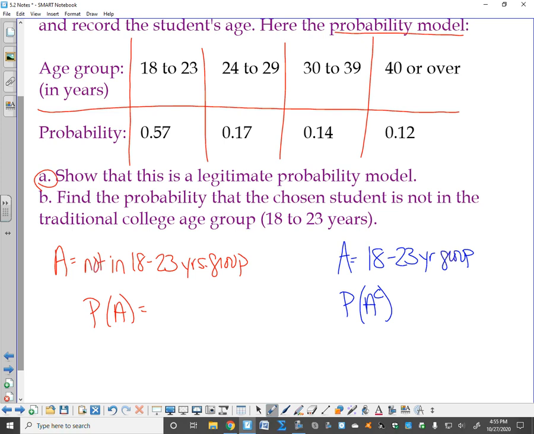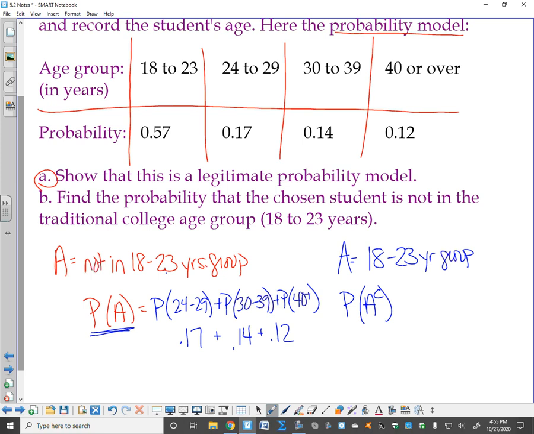So if I do this one, not in 18 to 23, that means I need to do the probability of 24 to 29 plus the probability of 30 to 39 plus the probability of 40 plus, which is 0.17 plus 0.14 plus 0.12, which is 0.43. Okay, so there's one way, and that's everything you have to show, no exceptions.